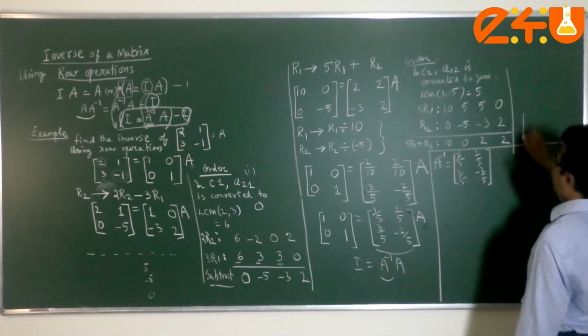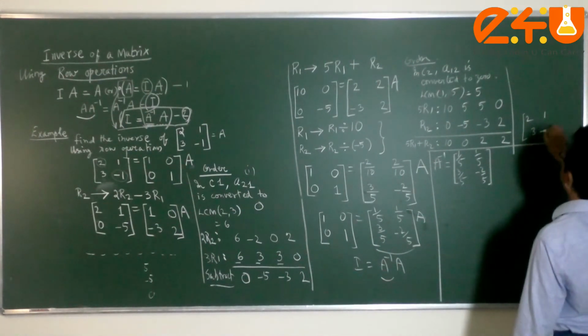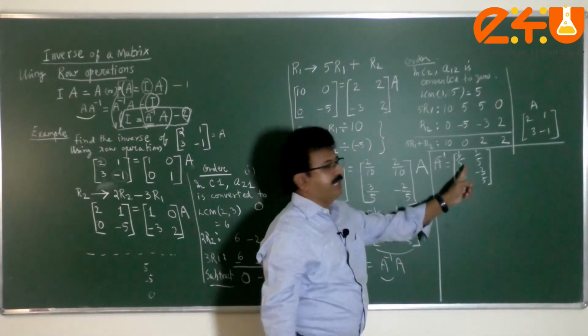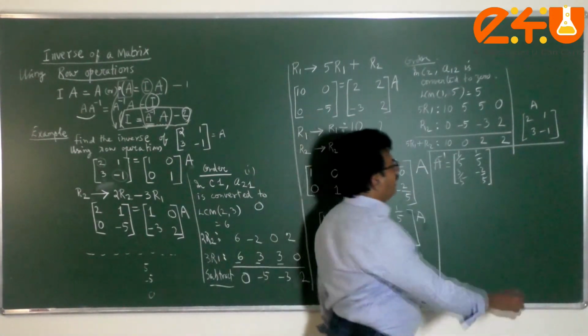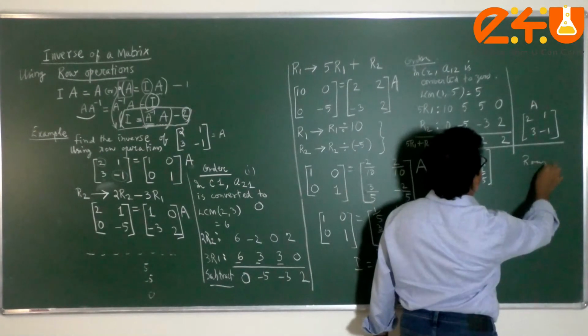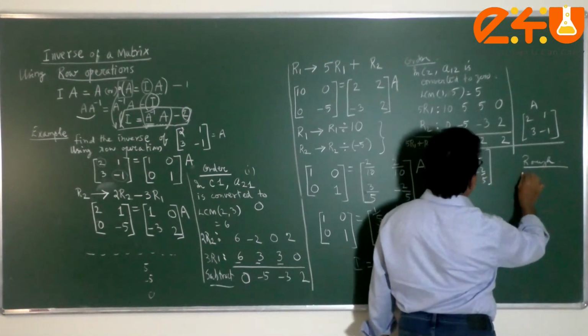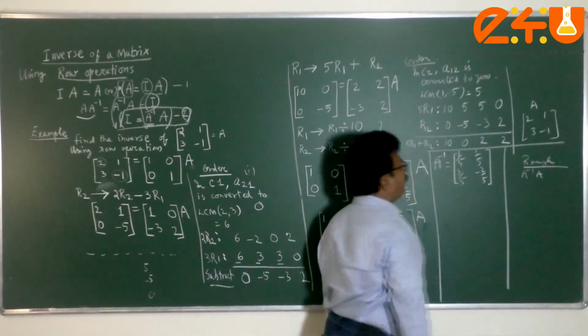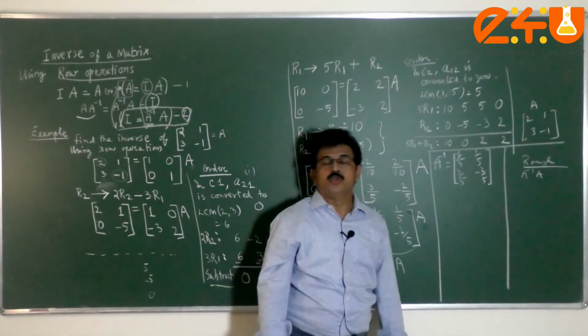I will place the matrix here, 2, 1, 3, minus 1, A. A inverse is here, and in rough you can directly proceed to write the product A inverse A. Am I right? A inverse A, a 2 by 2 matrix.